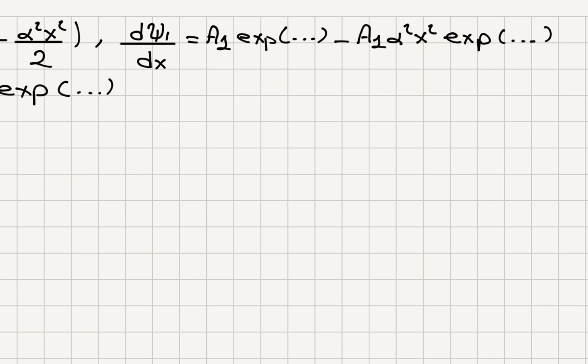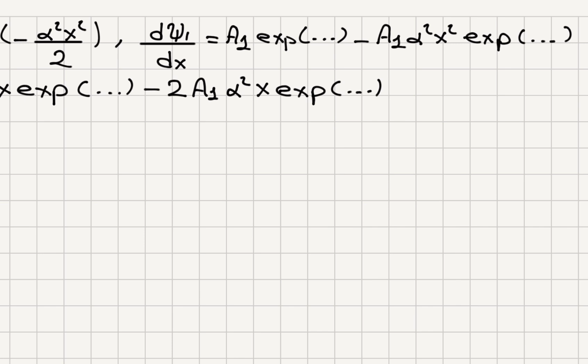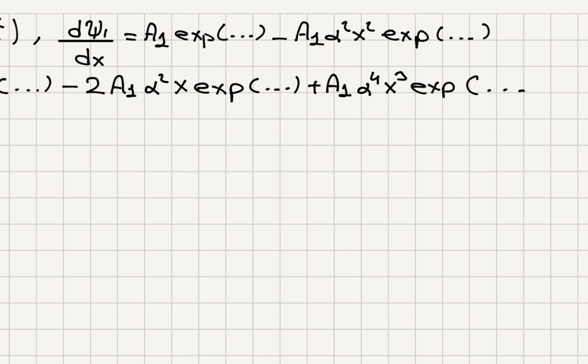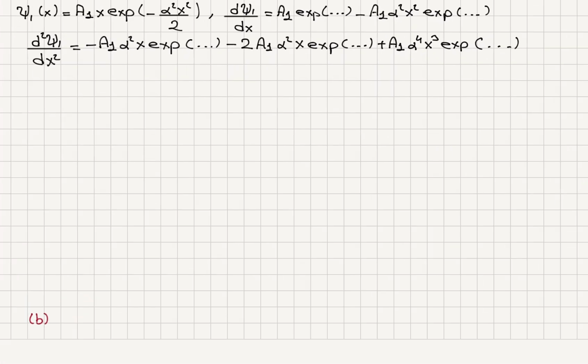So I will have minus 2 a1 alpha squared x times the exponential. Then I take the derivative of the inside, which is minus 2 alpha squared x over 2. So minus minus becomes a plus. So I will have plus a1 alpha to the fourth power x cubed times the exponential. So that's the second derivative.